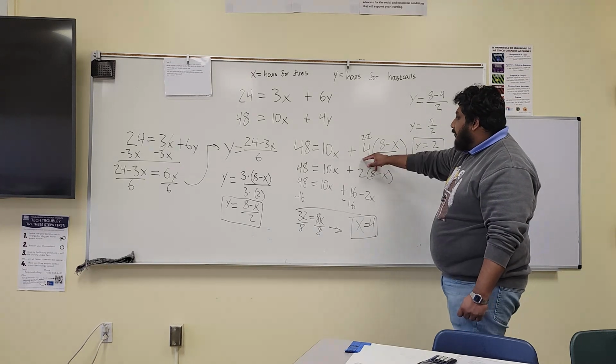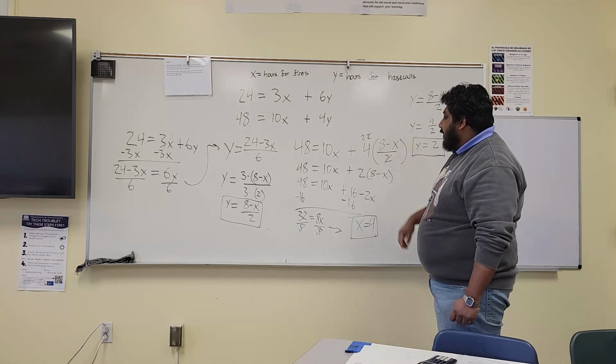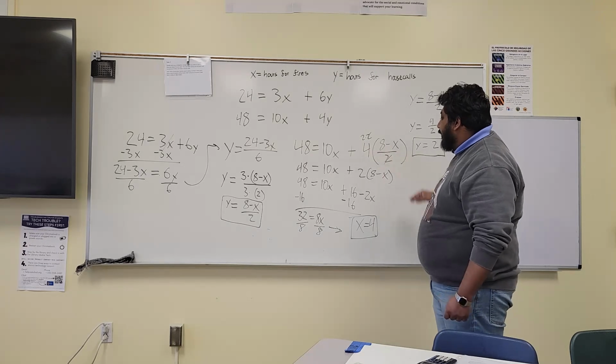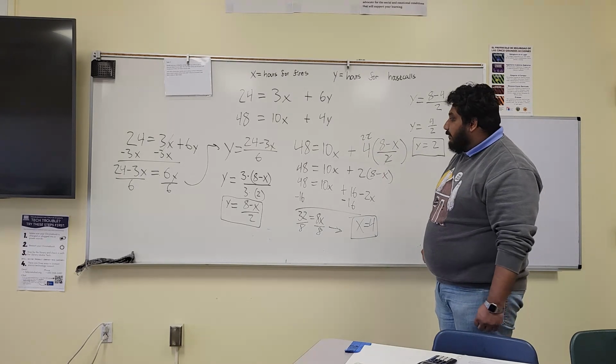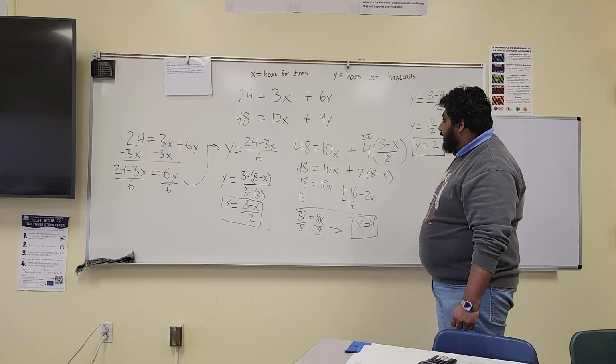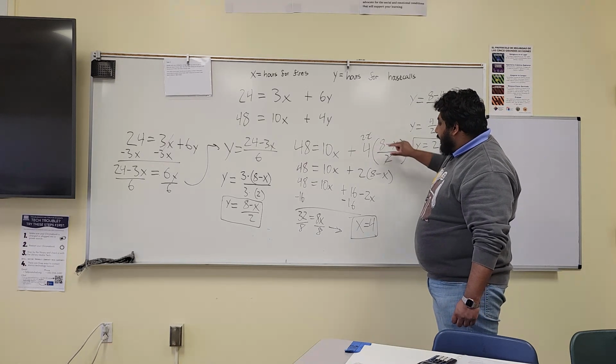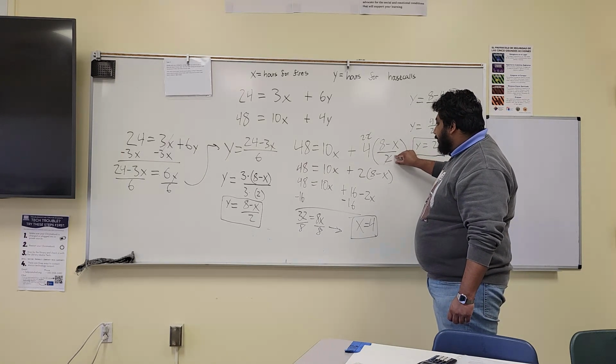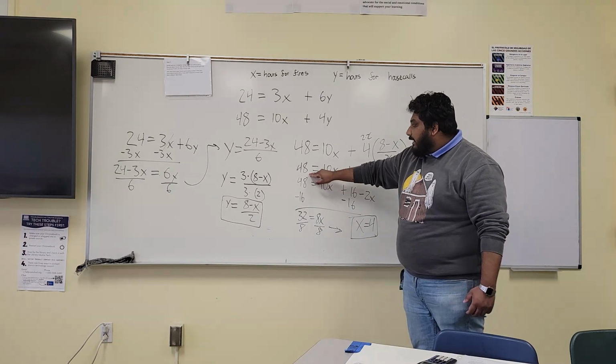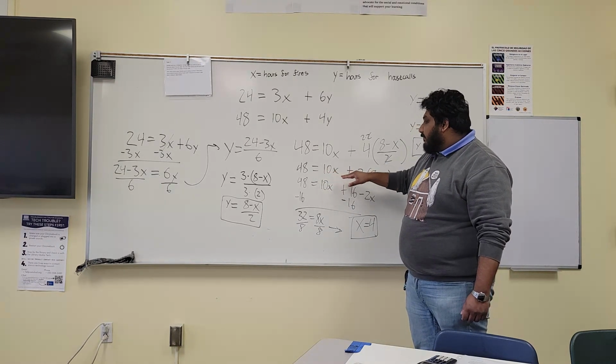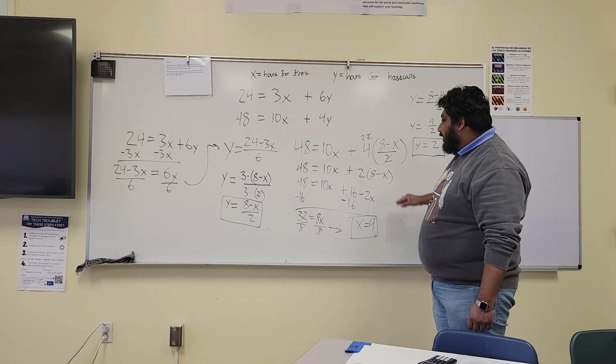We have 48 is equal to 10x plus 4, and that y over there turns into 8 minus x over 2. So 4 is multiplying this whole thing, but 4 and 2 have the same factor, so we can cancel out a 2 from the 4 and cancel out the 2 from the bottom of the fraction, giving us 48 is equal to 10x plus 2 times 8 minus x.